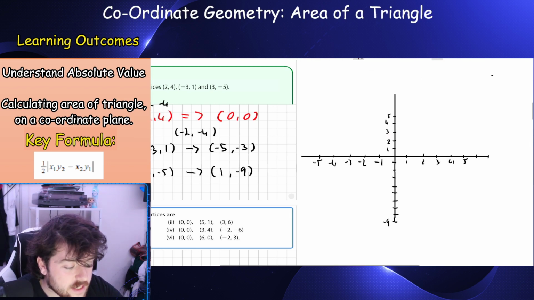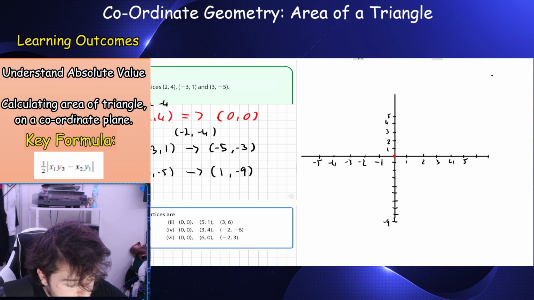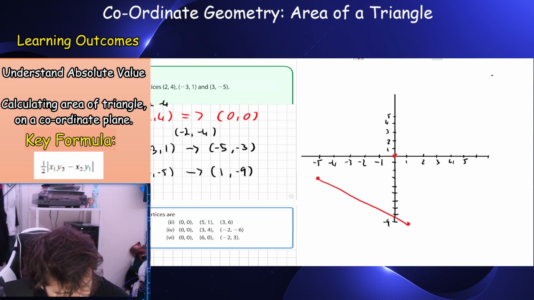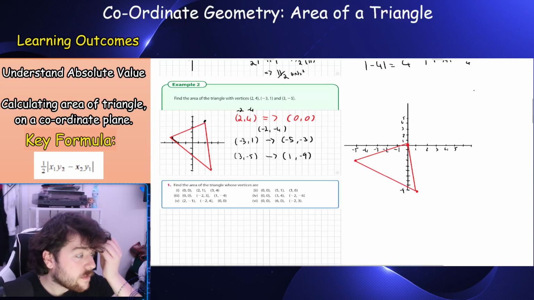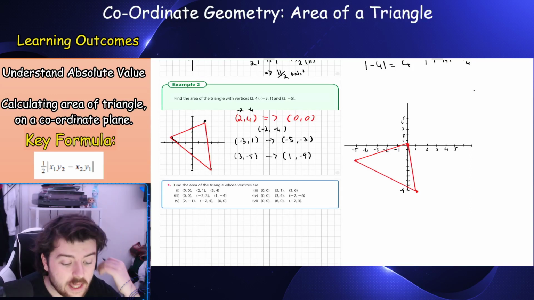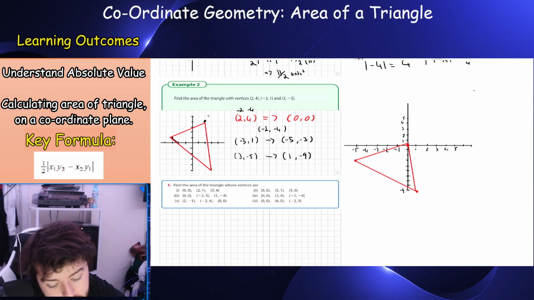Right, so let's start plotting my points. So 0, 0, that's my first point there. Then minus 5, minus 3, so go to minus 5, go down to minus 3. That's my second point there. And then 1, minus 9 is down here. If I compare the two shapes now, I moved this point down to my origin here.